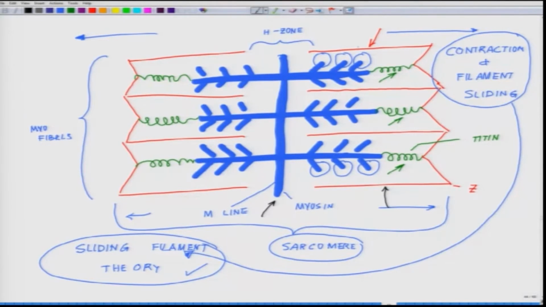And I told you there is something very interesting out here: the interaction between actin and myosin filaments and generation of something which is termed as power stroke. Okay. So, we are into week 3 and this is the final lecture, the lecture 5 of week 3.